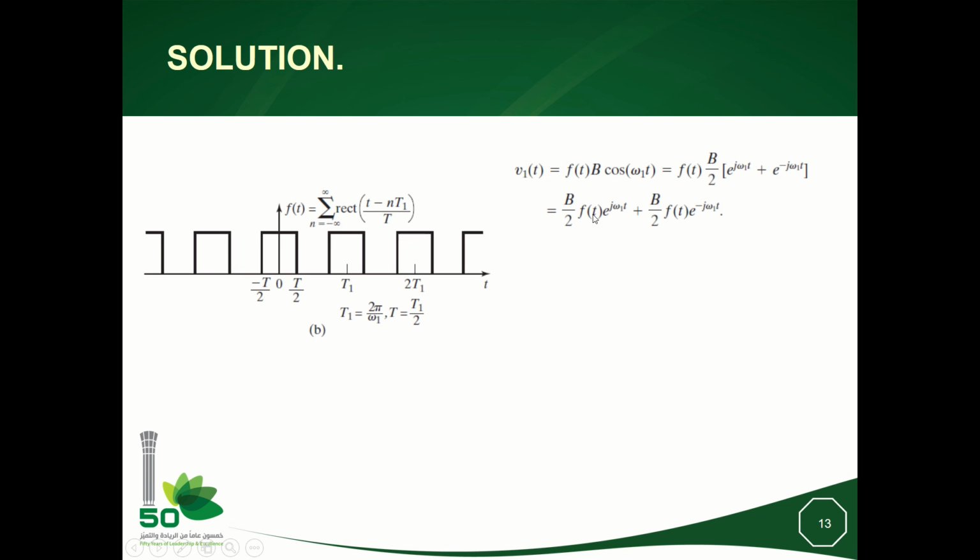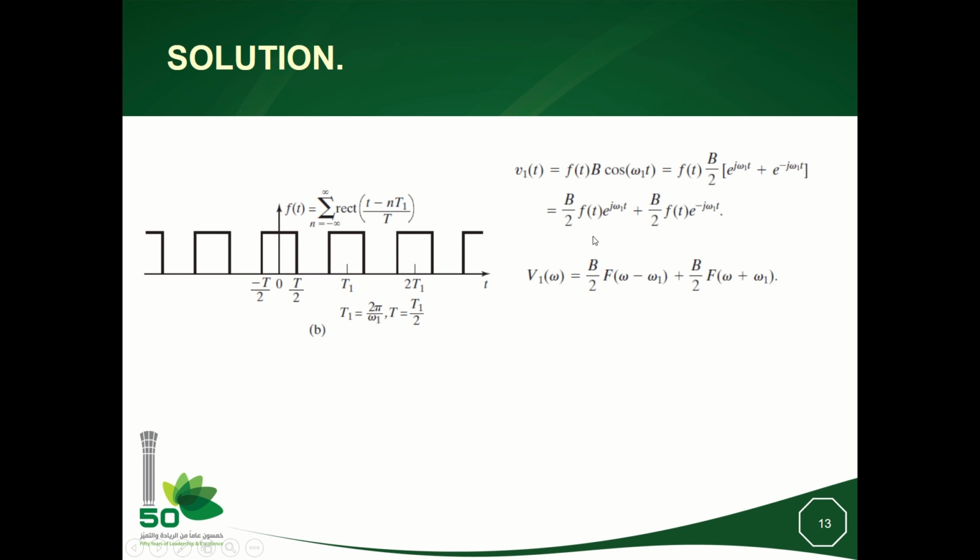We know that when I multiply the signal by an exponential function, and I know the Fourier transform of f(t), I will have a shift in the frequency domain. And this is what I have here: the Fourier transform of v1(t), noted capital V1(omega), will be the Fourier transform of this part plus the Fourier transform of this part.